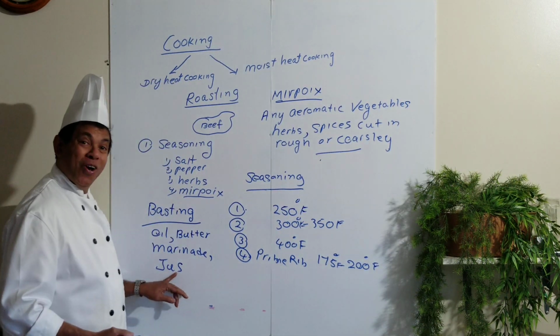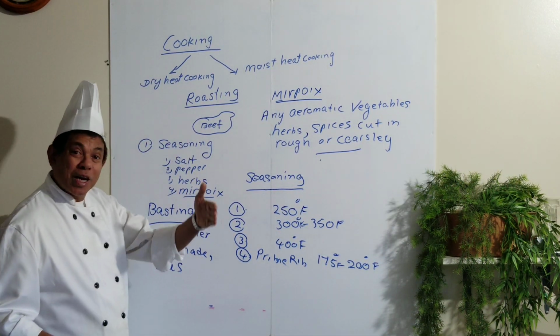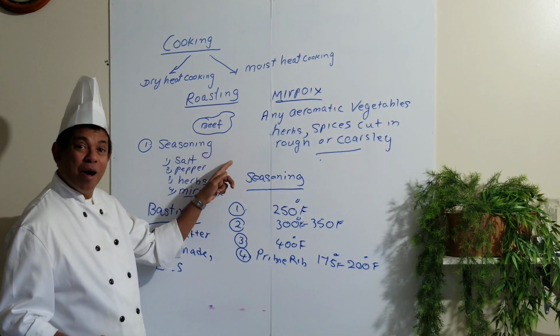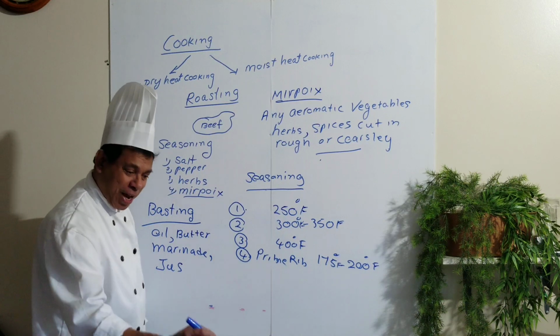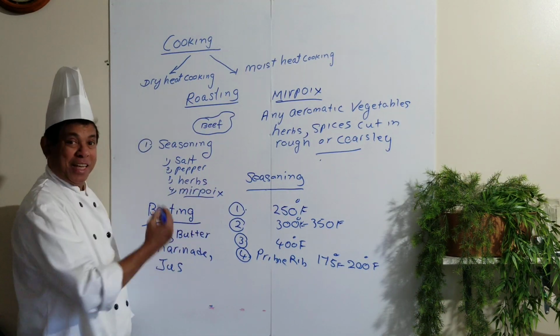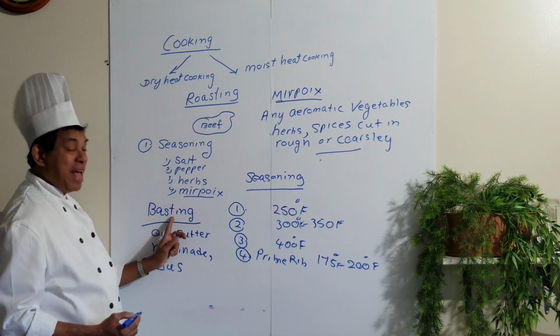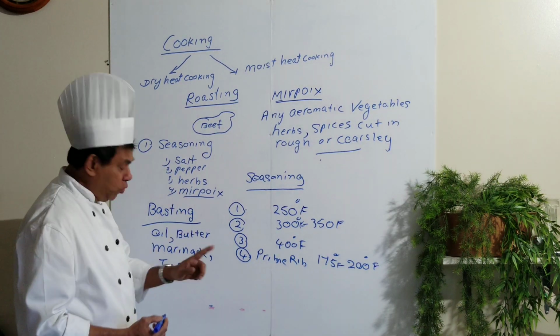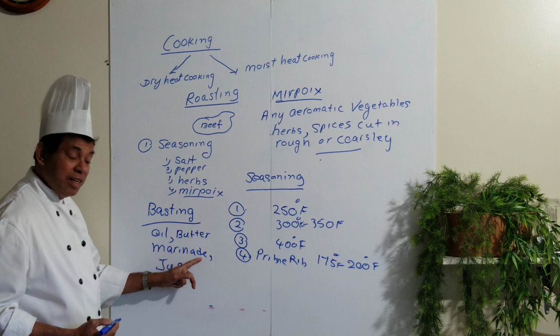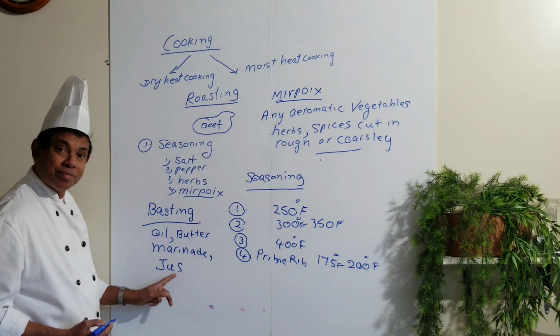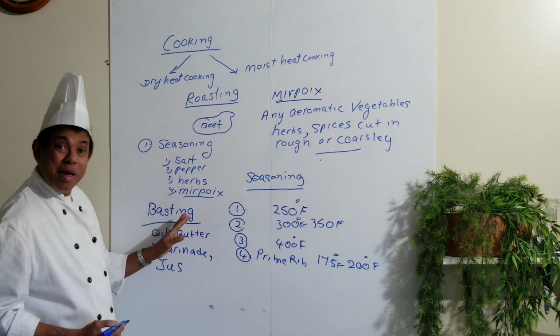The jus is the juice coming from the roasting item to the pan. The pan drippings you can use as a basting. I'm talking about basting. For basting you can use oil, butter, marinade and jus. Now you know what basting is.